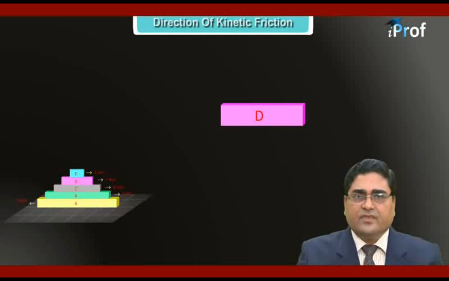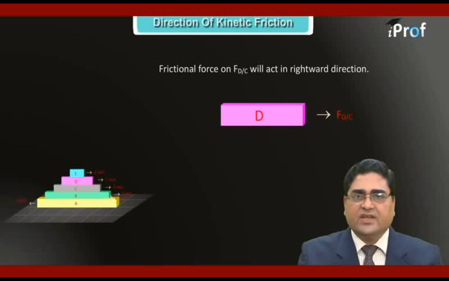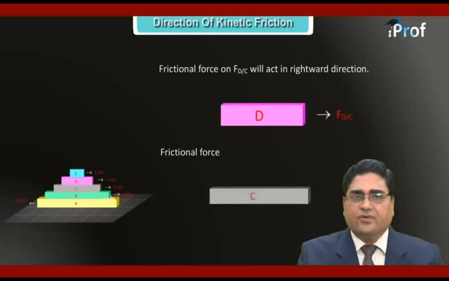So block D will have a tendency to decrease the speed of C, and block C will have a tendency to increase the speed of block D. So frictional force on D due to C will act in rightward direction, while frictional force on C due to D will act in leftward direction as FCD.